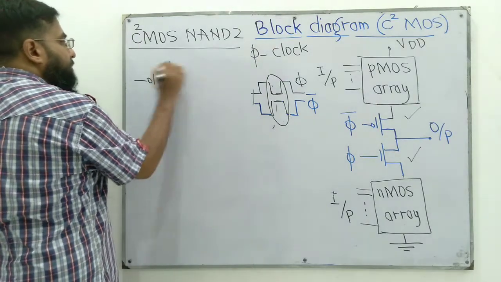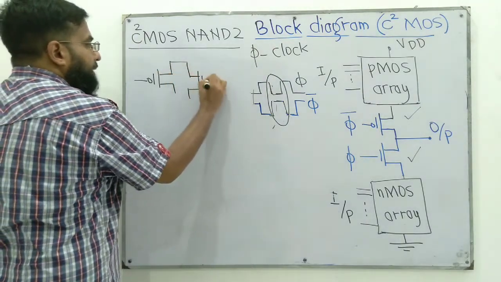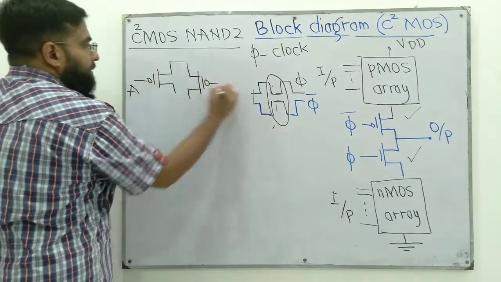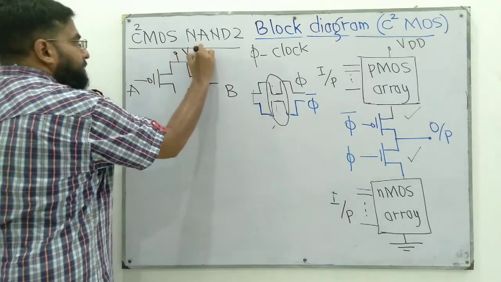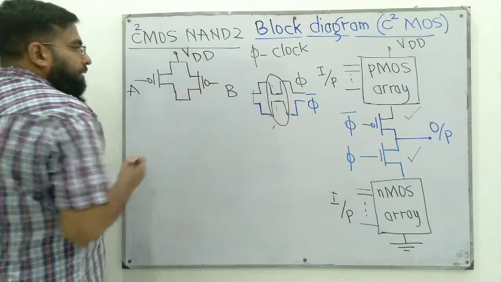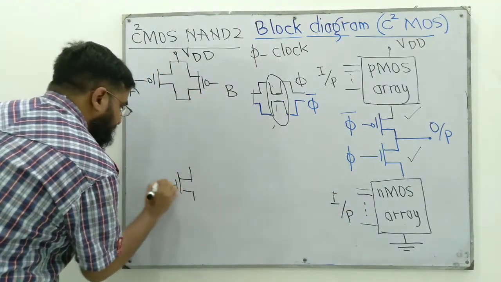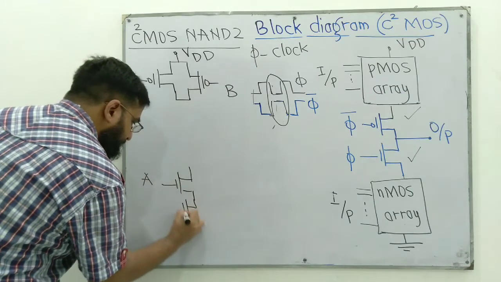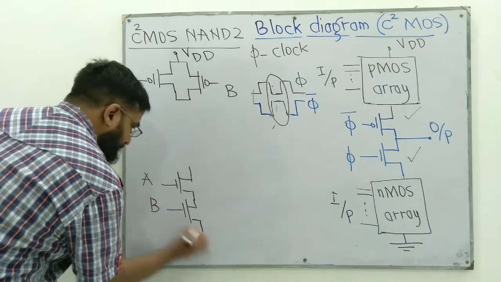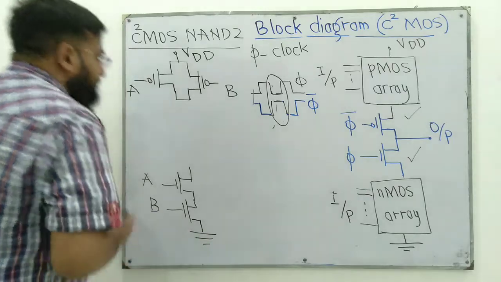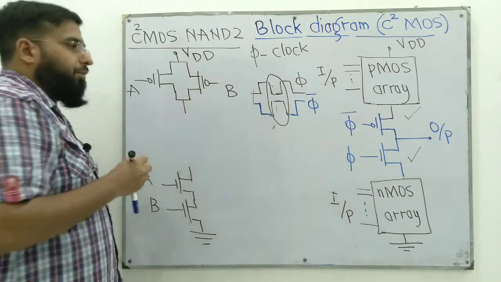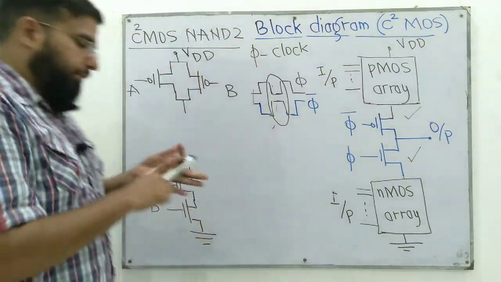We already know it, and we have implemented it a number of times. A and B are the inputs, this is VDD. And the regular NMOS array is this. We know that. A, B, connected to ground. And in between, we have these clocking transistors.